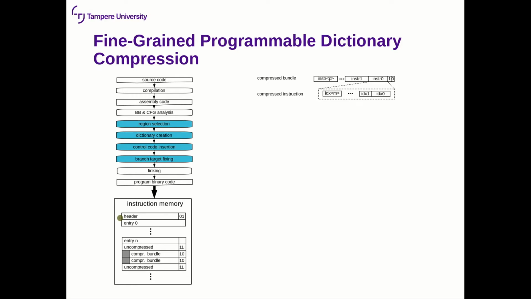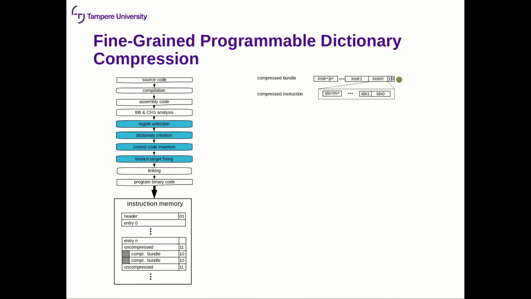We have headers, which tell how many entries are followed by it to be programmed into dictionaries. After the entries, we are free to interleave uncompressed and compressed code, shown here. This is what a compressed bundle looks like.